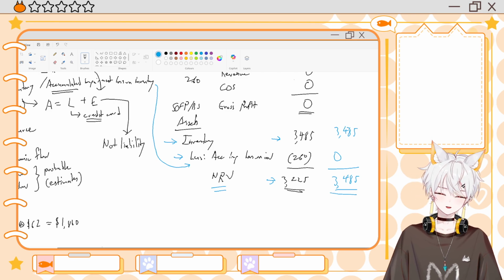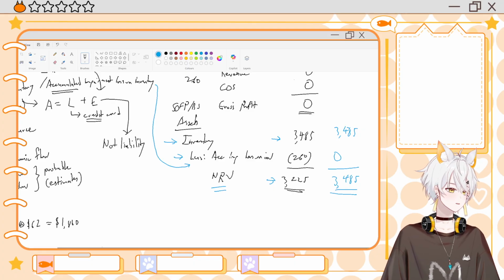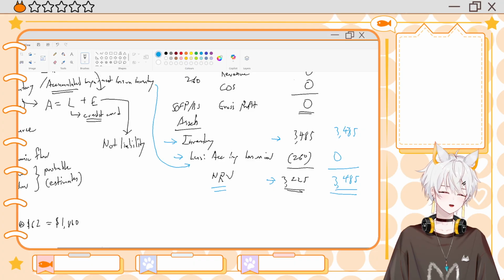It's the lower of the two. If you have no impairment, you can't really have a negative impairment. Accumulated impairment, usually you should never see a positive value in it. That means a debit balance.